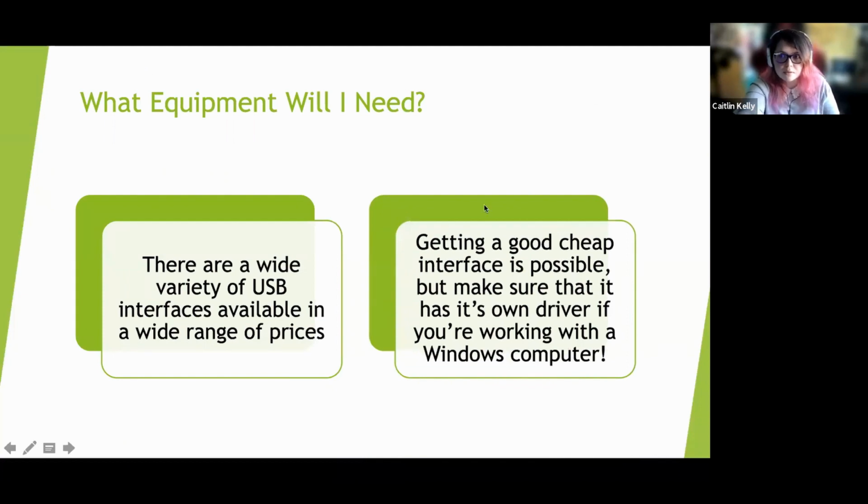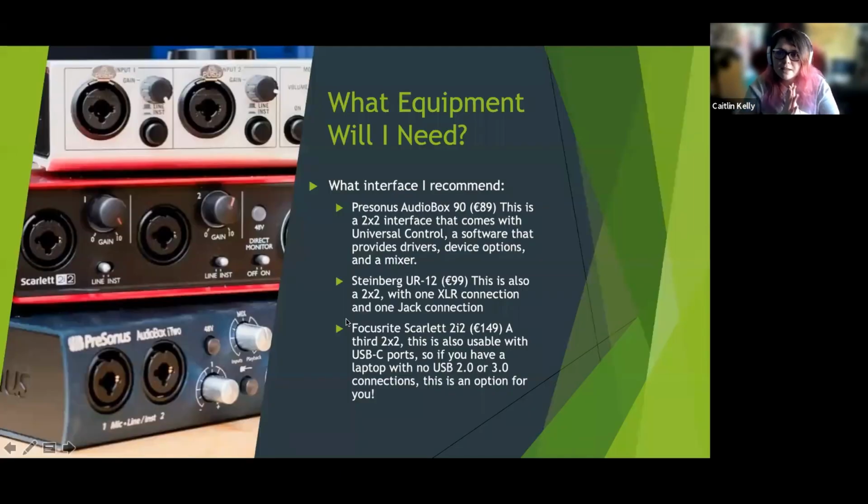with a Windows computer. So these are some of the interfaces that I tested, out of about 6 or 7 different interfaces. These are the ones that worked best, most consistently with Jamulus on both Windows and Mac devices. I imagine these would work well with Linux as well.